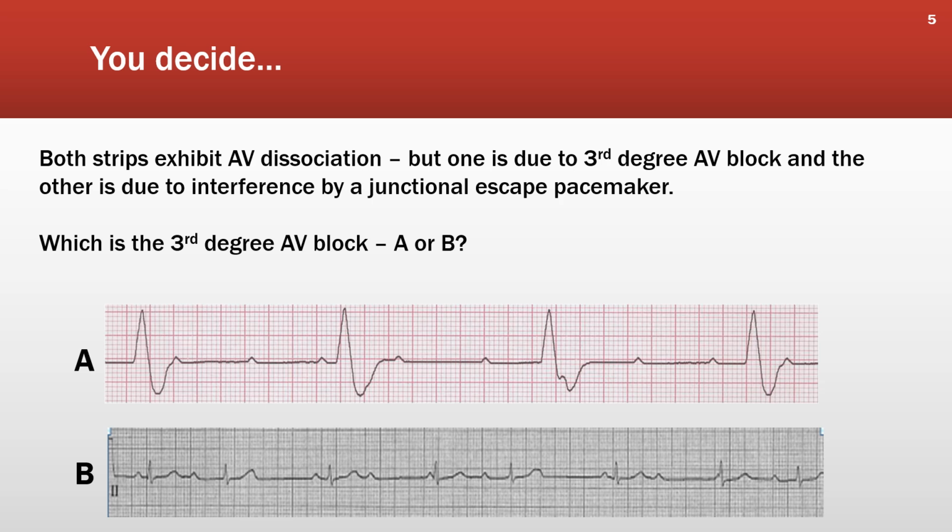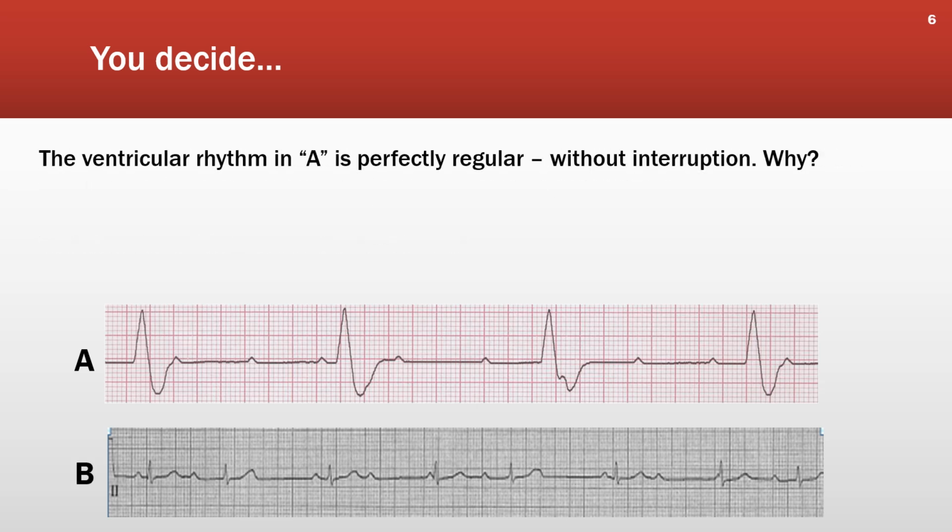Okay, did you have a chance to come to a decision? Well, here's the response. A is the third-degree AV block. The ventricular rhythm in A is perfectly regular, without any interruptions. Why is that?